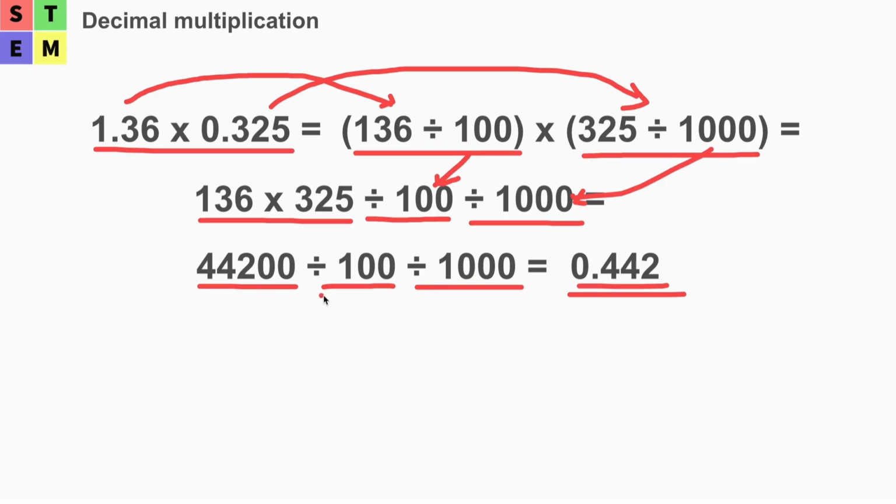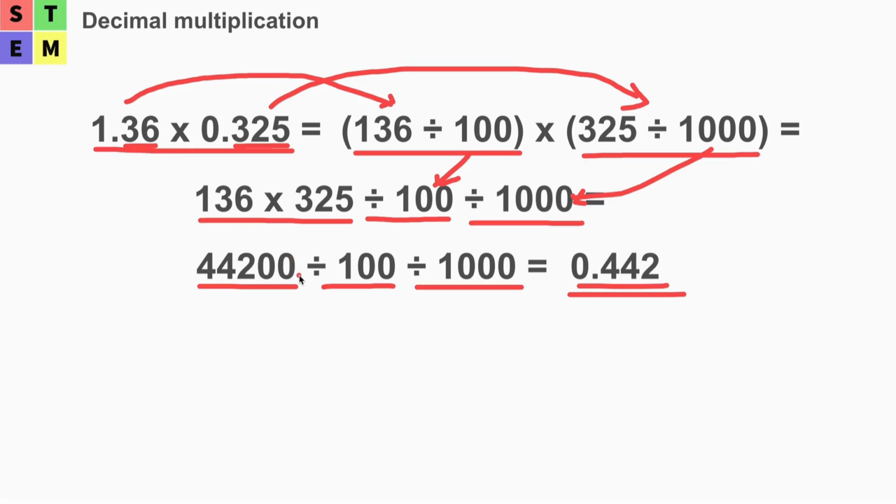So let's think about it. We have two digits on the right of the decimal, and here we have 3 digits on the right of the decimal. So in total, how many? We have 5 digits on the right of the decimal.